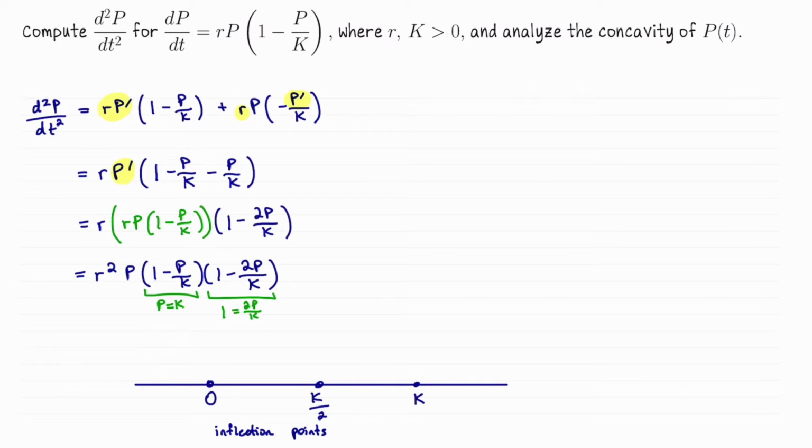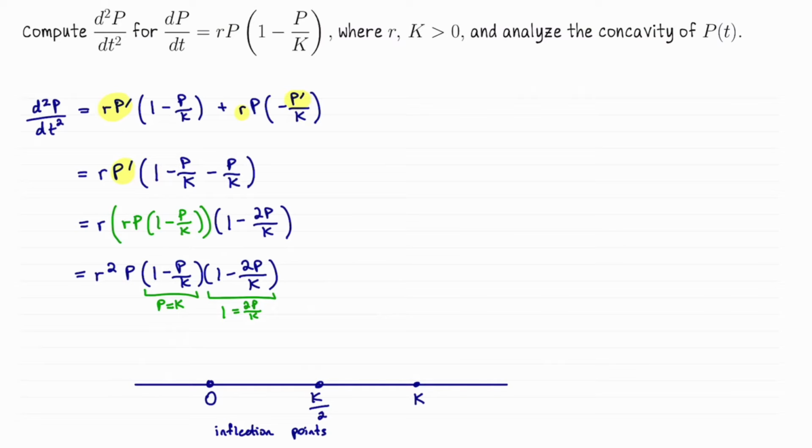We said that this is for populations, so we want to think of our populations as greater than or equal to 0. But just for fun, let's figure out the concavity to the left of 0. Since the second derivative is written in factored form, I just need to know the sign of each of the factors, and then the product of their signs gives me the overall sign of the second derivative.